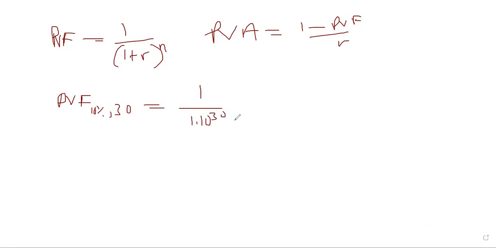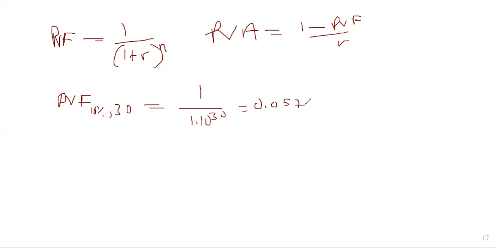So when you calculate that, 1.10 to the power 30, we're going to get 0.057.